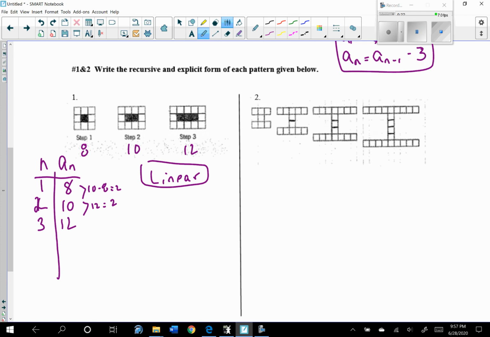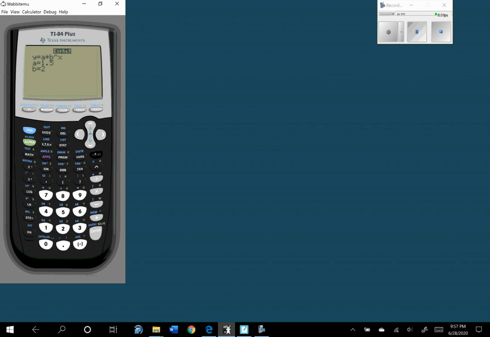And the recursive form and the explicit form. So the explicit is the easier one to find using your calculator. So you could plug this into your calculator. So just recall when you do that, stat, enter on edit, clear out your list, or you can hit delete on them. So I just need 1, 2, and 3.